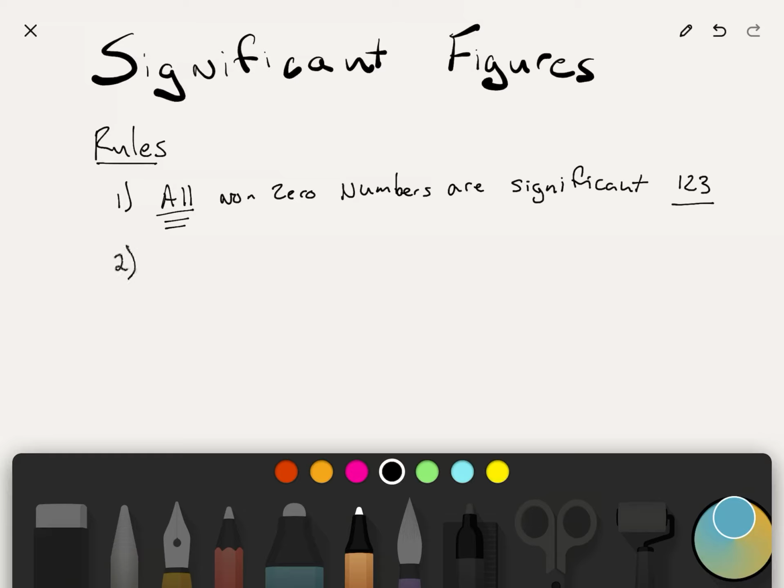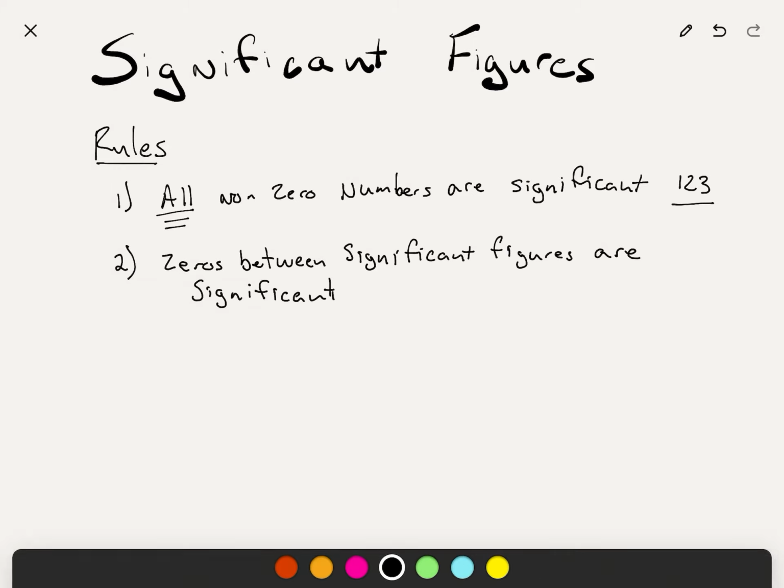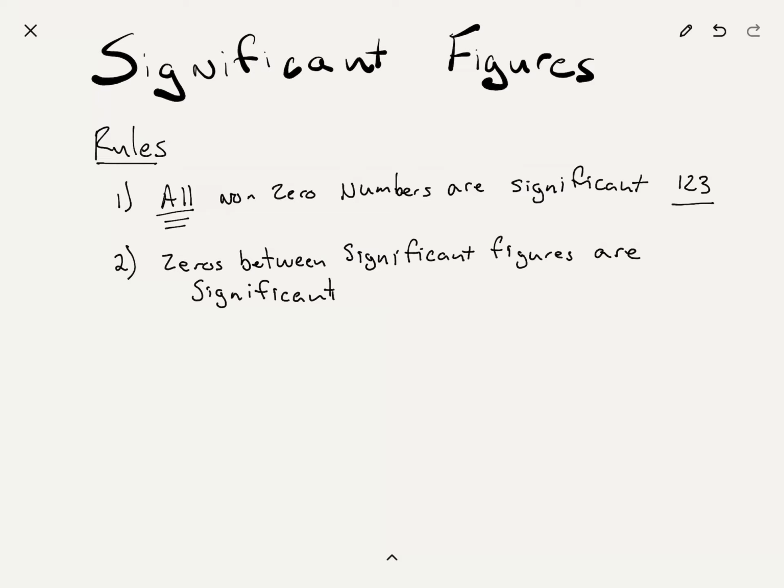Rule 2. Zeros between significant figures are significant. An example here would be 103.